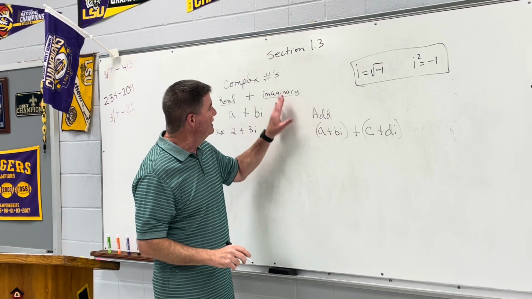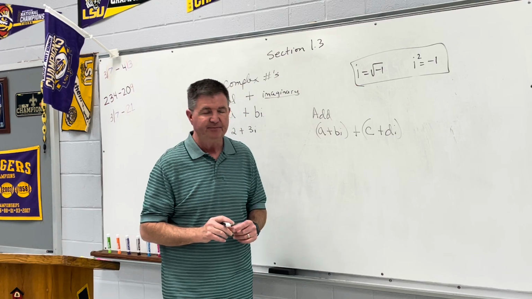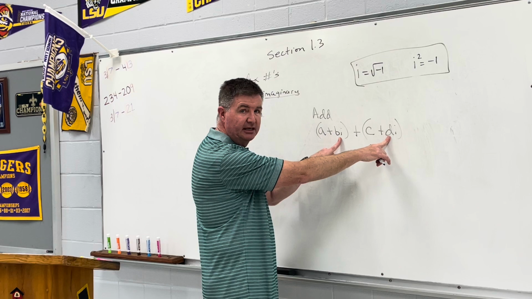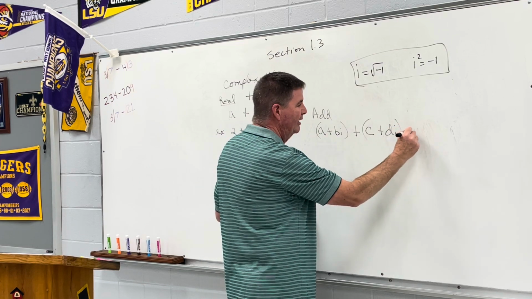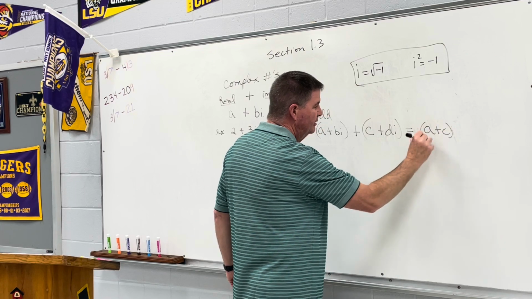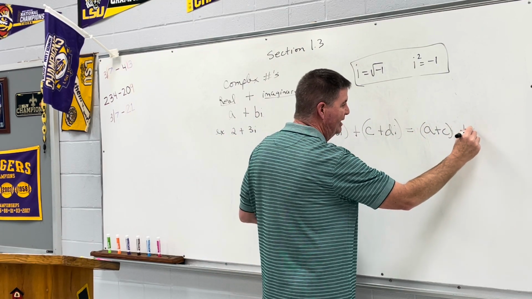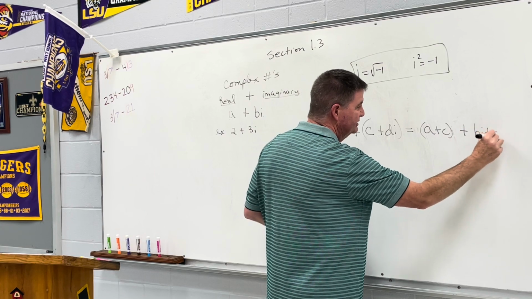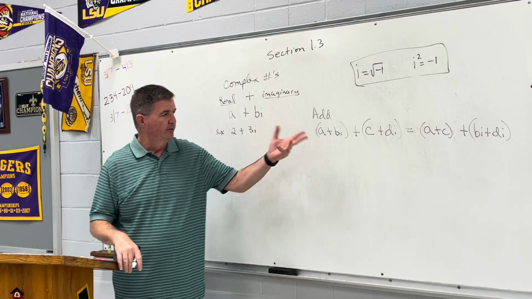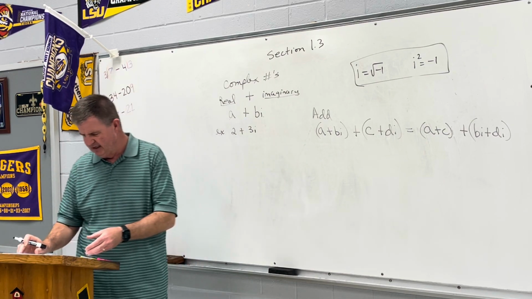But if we're adding complex numbers, we can only add things that are alike. So we add the reals with the reals and the imaginaries with the imaginaries. So our formula here will be a plus c, the real plus the real, plus the imaginary bi plus di. And the resultant will be our addition of complex numbers.